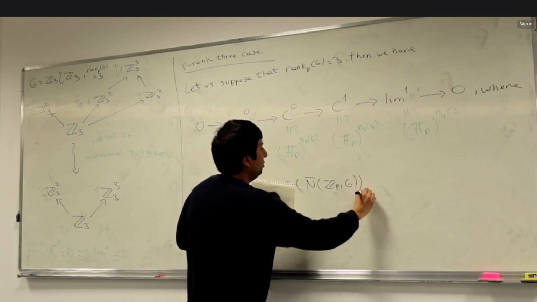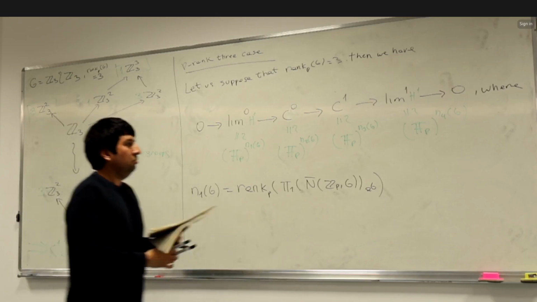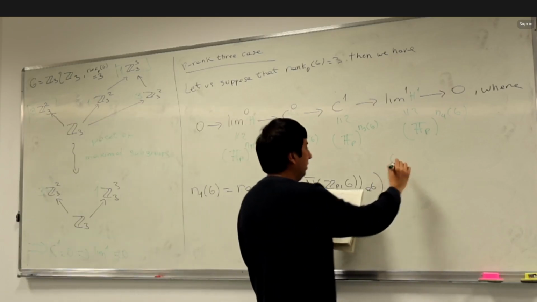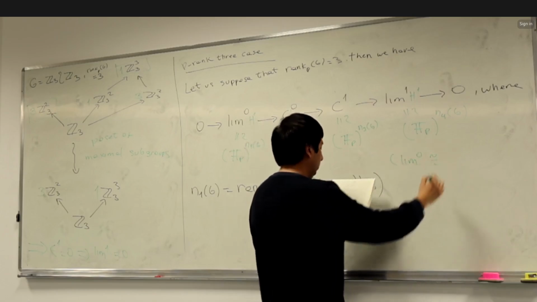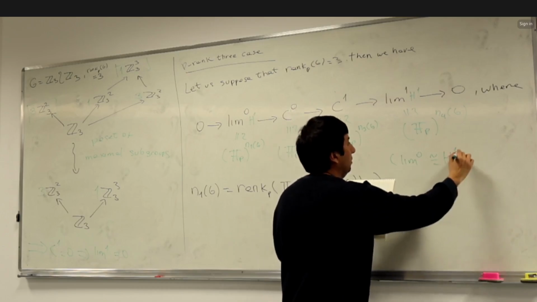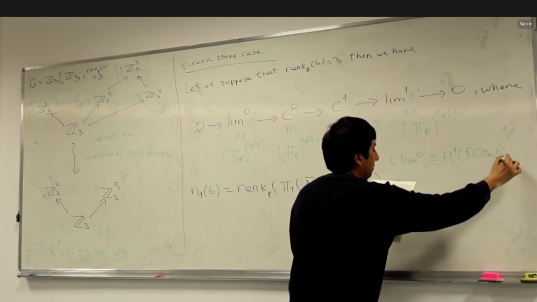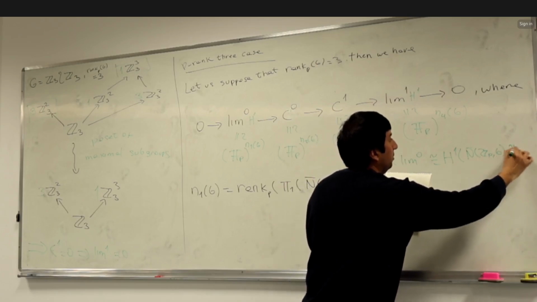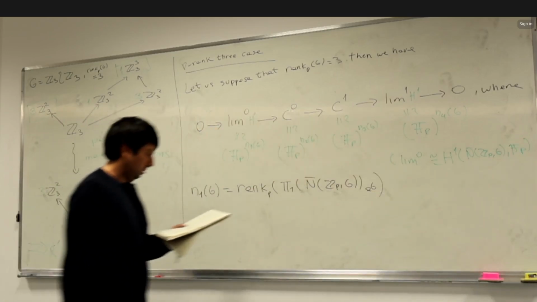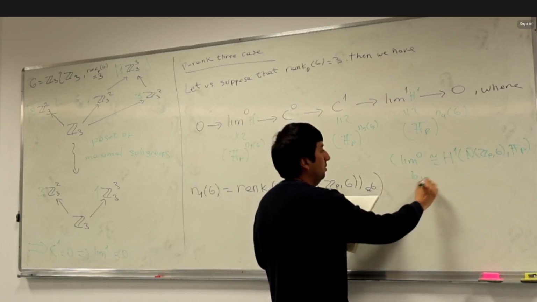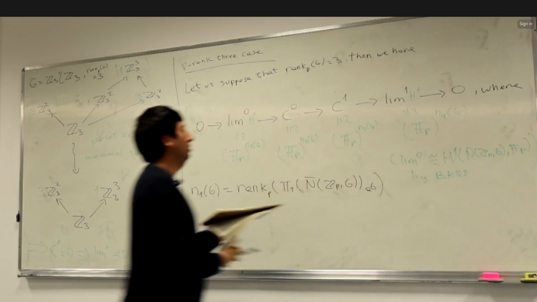Sorry, the abelianization of this. Again, just by the Bousfield-Kan spectral sequence, lim 0 is isomorphic to H1 of the quotient bar Z mod p, G, F_p. So we obtain the Bousfield-Kan spectral sequence. Okay.